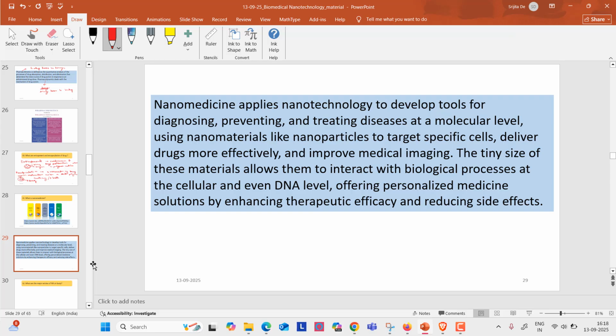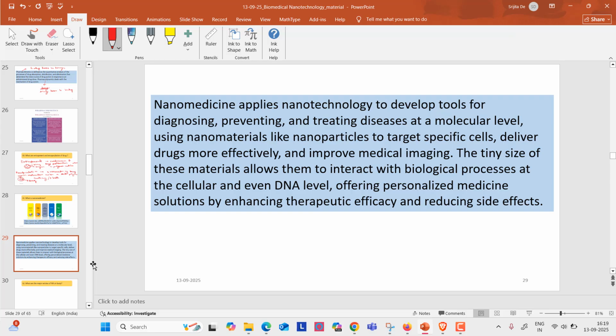The tiny size of these materials allows them to interact with biological processes at the cellular and even DNA level, offering personalized medicine solutions by enhancing therapeutic efficacy and reducing side effects.